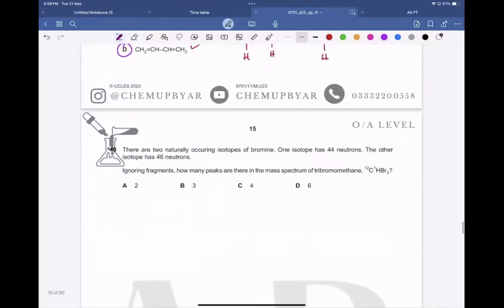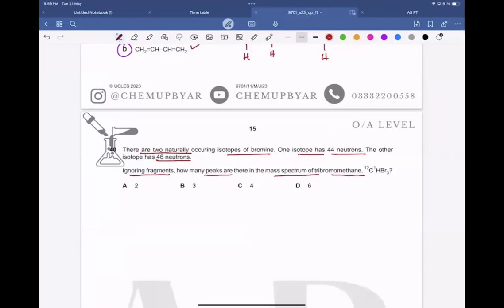Now question number 40. There are two naturally occurring isotopes of bromine. One isotope has 44 neutrons and the other has 46 neutrons. Ignoring fragments, how many peaks are there in the mass spectrum of tribromomethane?